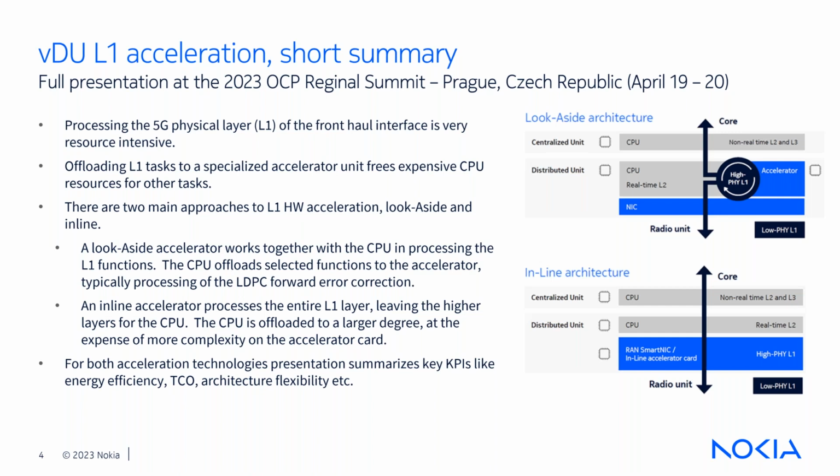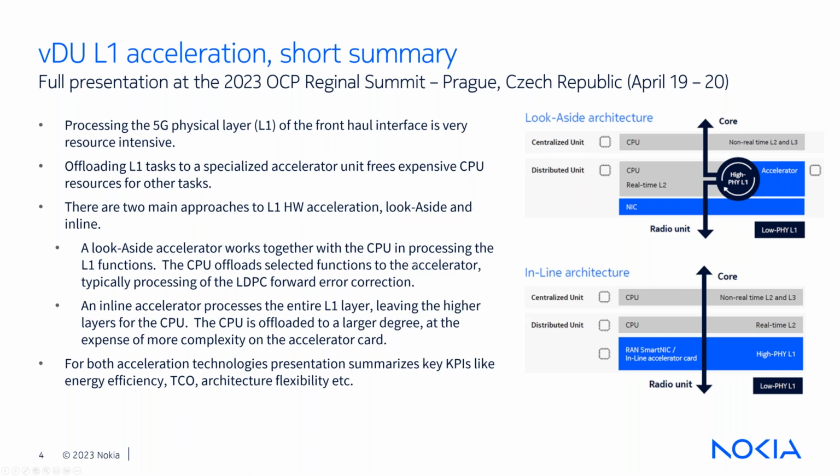There are two alternatives. Look-aside architecture, where only part of the L1 functions are accelerated, like LDPC forward error correction, and the majority of L1 is still done in the CPU, like you can see in the uppermost drawing.